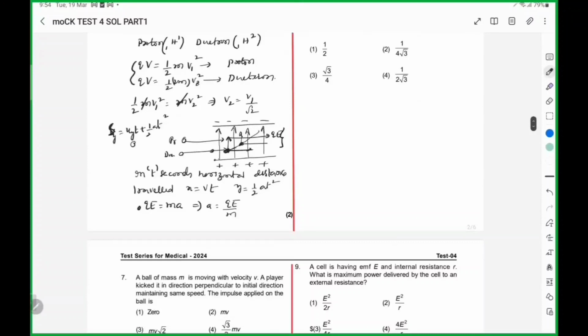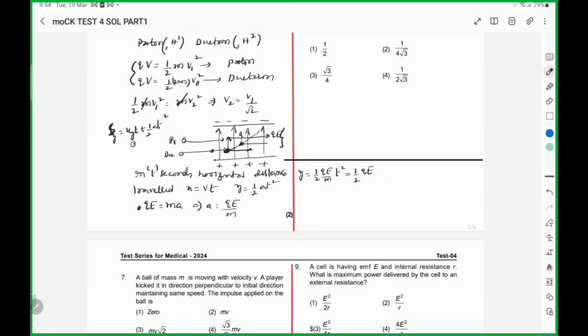Here it is. Y will be finally half qE by m t square. Whether it is proton or deuteron, electric field is same, charge is same. Let me write, here it is half qE.